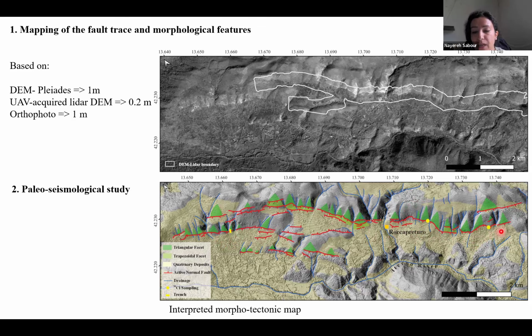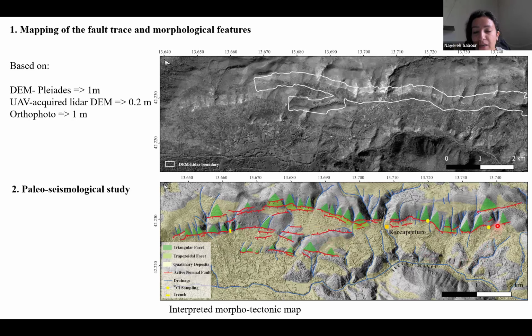If you look at the fault trace, you can see that we have a normal fault with dip direction toward the southwest, but in this part we have a fault with dip direction toward the northeast, and this is the antithetic fault in this area. And this is the part that was selected for opening paleoseismological trenches in the very near future.